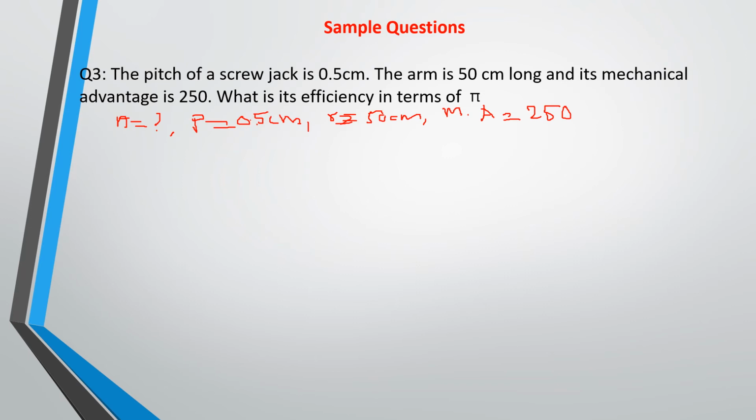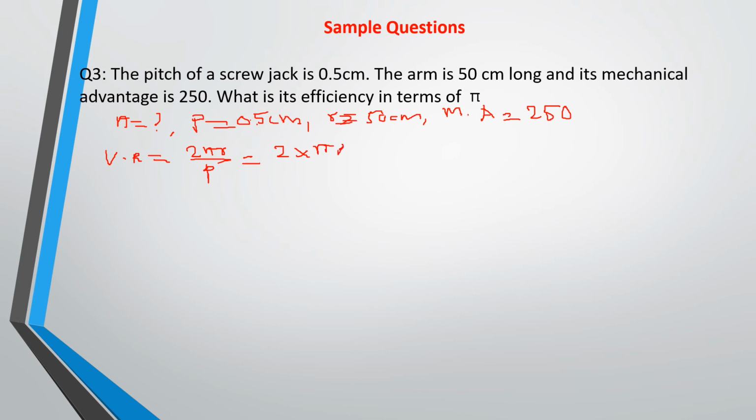So from here, what you do first of all, you need to calculate the velocity ratio. The velocity ratio is given as 2 pi r all over the pitch. They said in terms of pi, so you put pi there.